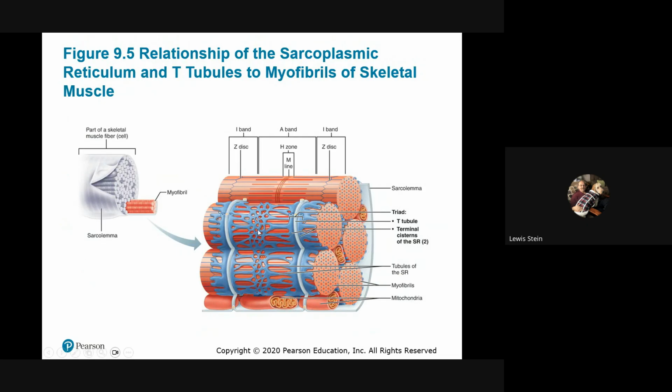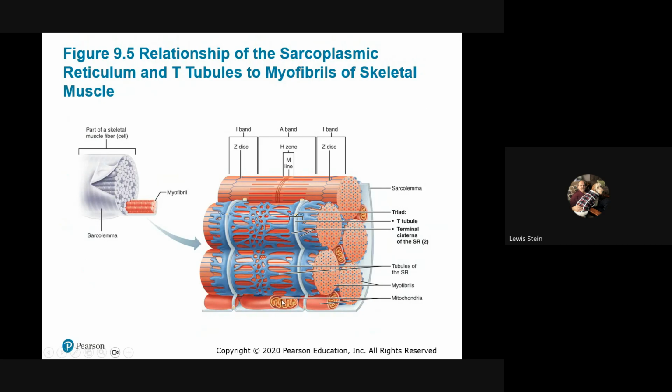Here they are surrounded by, in blue, the sarcoplasmic reticulum. In gray, the transverse tubule. And the triad is on either side of that gray. You have a well here and a well here. That's what they call a triad. Doesn't look like a triad, but that's the way they named it.